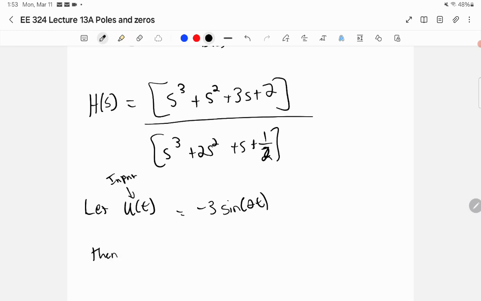Then we know that u of s, after taking the Laplace transform of this, is equal to minus 3 times 2 over s squared plus 4. And you can get that off of the Laplace transform table, which is the same thing as minus 6 over s squared plus 4.